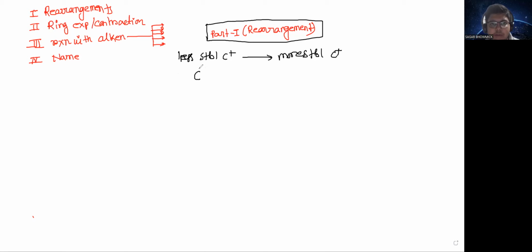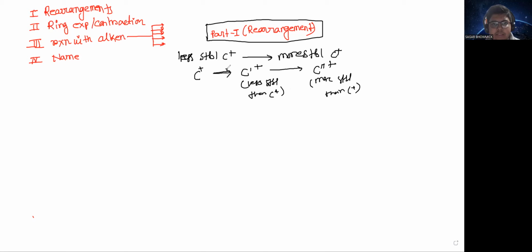Suppose there is a carbocation C plus, converting to C dash plus with rearrangement, which is less stable than C plus. But after that, if it undergoes rearrangement again, suppose C double dash plus is formed, which is more stable than C plus.